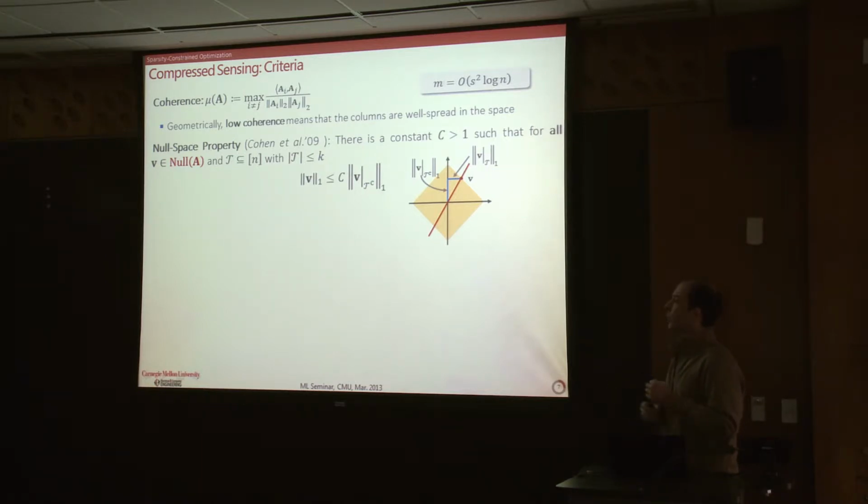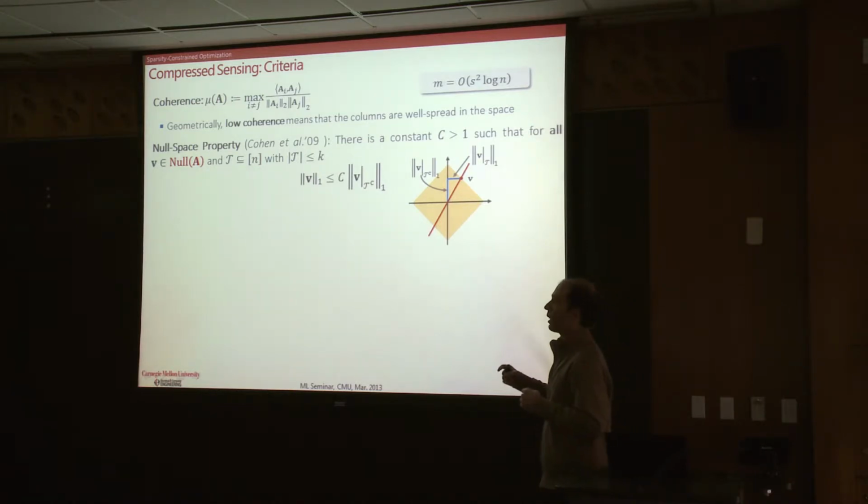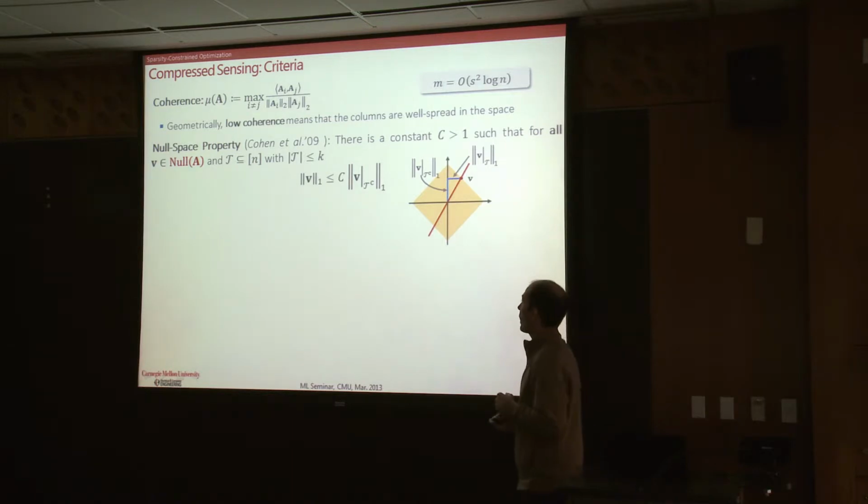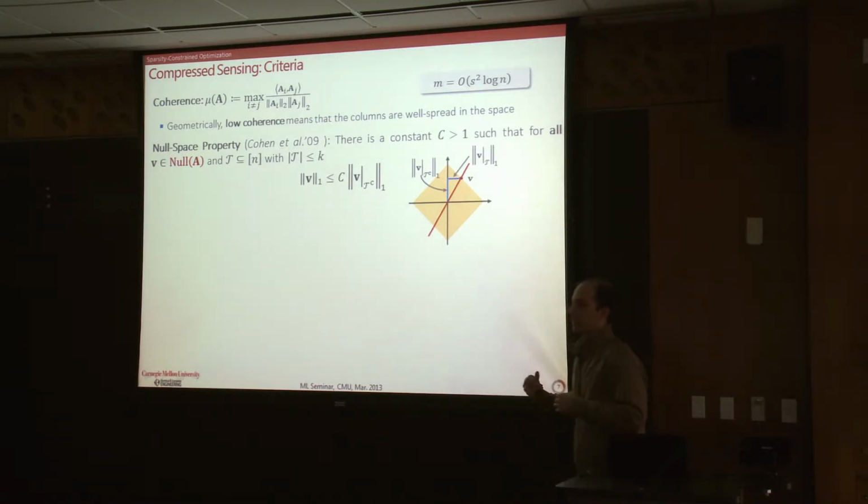If you think of an L1 ball, and your point is at X star here, to have a unique solution you need any shift of the sparse vector by a vector in the null space of the measurement matrix to be outside the L1 ball.